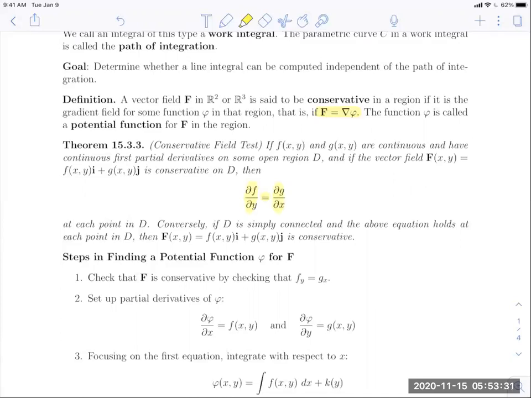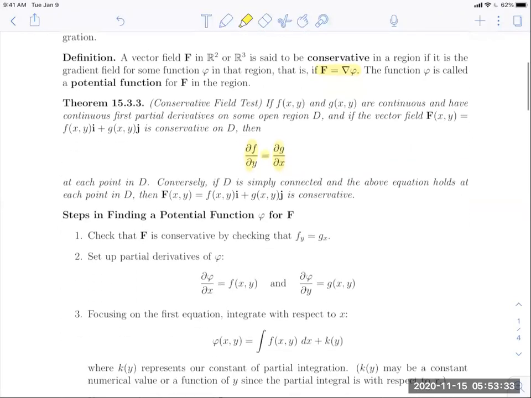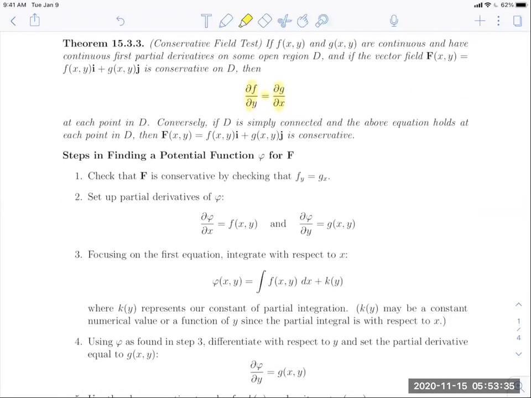All right, so we're going to use this equality of the partials to check for conservative fields.